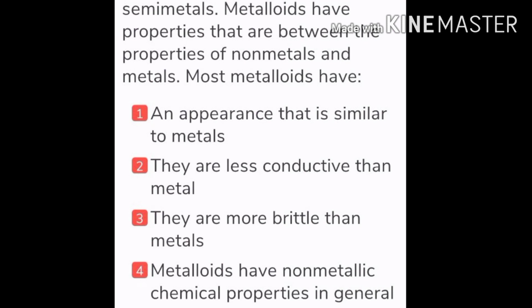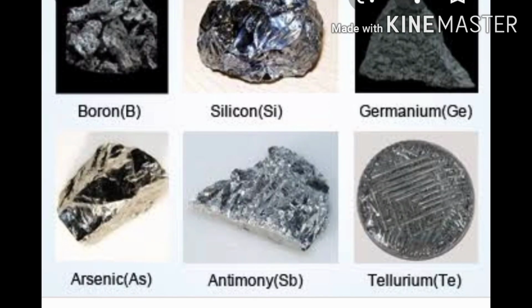They are less conductive than metals. Metalloids are more brittle than metals. They have non-metallic chemical properties in general. Let us now see some examples of metalloids. As you can see here in this figure, boron, silicon, germanium, arsenic, antimony, and tellurium are examples of metalloids.